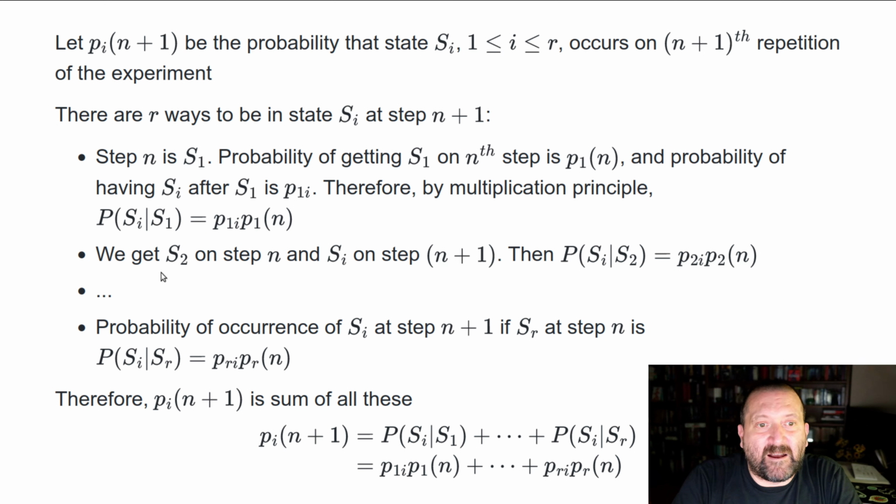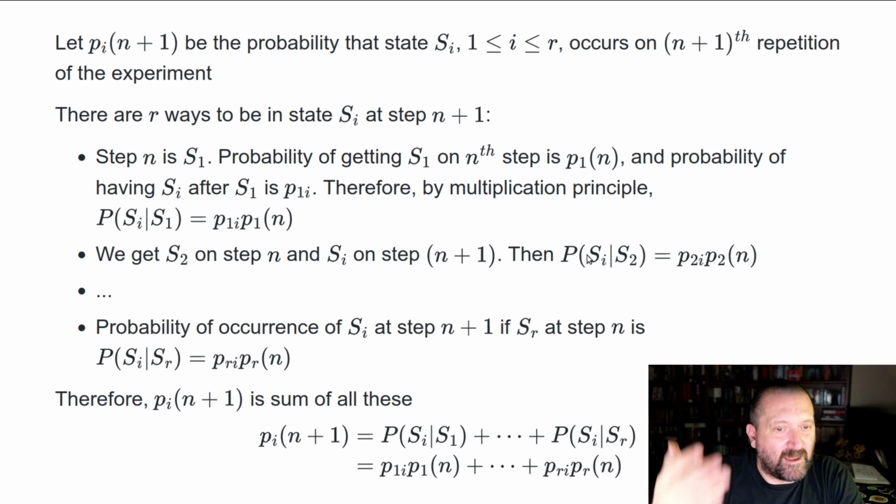And then I can continue the same way. I could have been in state 2, which I was with probability P_2(n), and then I moved from state 2 to state i, and so on and so forth, all the way to R. So the probability that I'm in state i at time n plus 1 is simply the sum of all these individual probabilities.